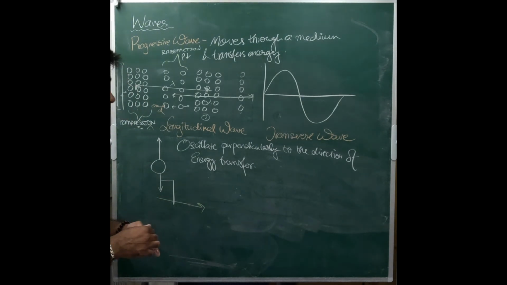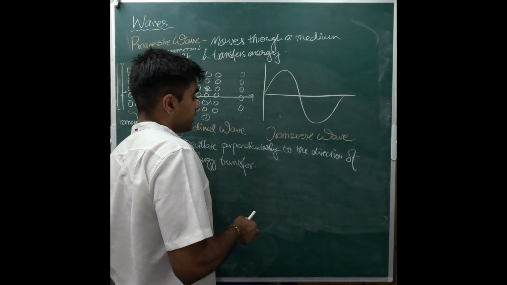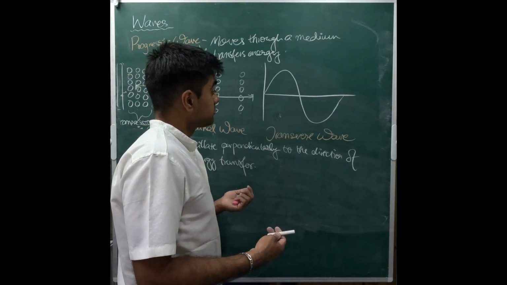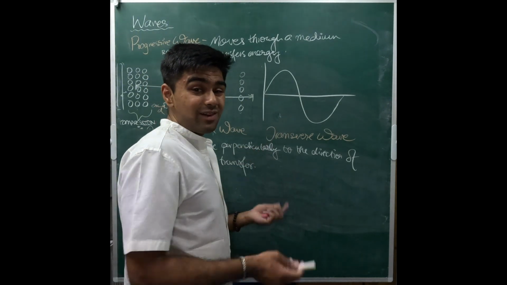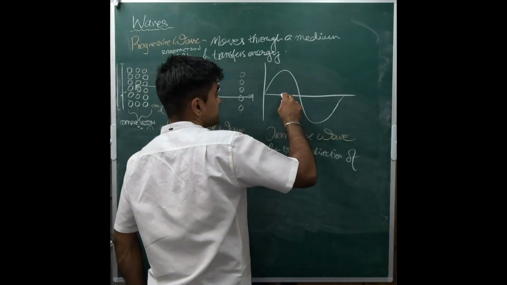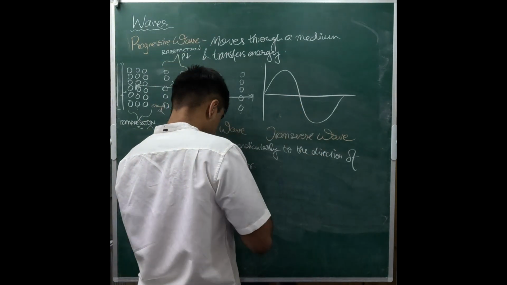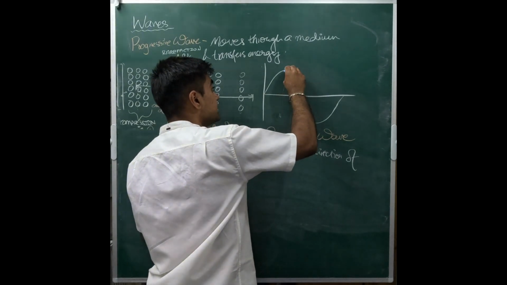Now, what are a few things that we can learn from the diagram of a transverse wave? Let's think about this. The two things we looked at in our longitudinal wave diagram were amplitude and wavelength. Now, how do we do it here? It's a lot easier here. For amplitude, which was the maximum displacement, all you have to do is just look at the height.